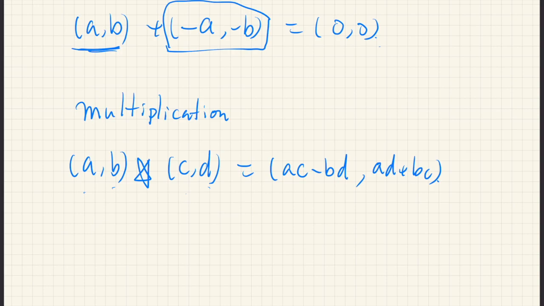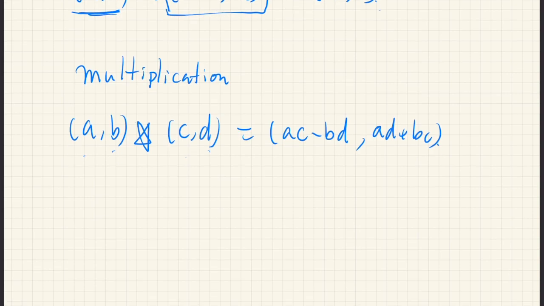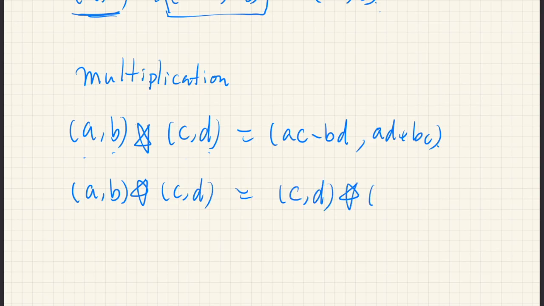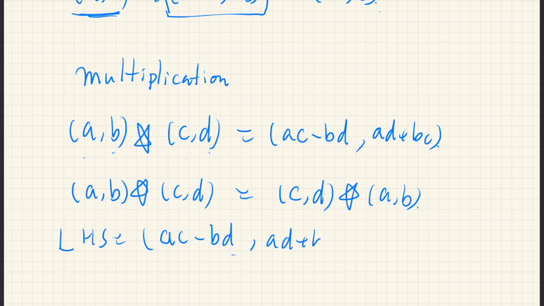Let's see some of the properties of this multiplication. First of all, it is commutative again. So (a, b) star (c, d) is equal to (c, d) star (a, b). To see this, just apply the definition. The left-hand side is, by definition, (ac minus bd, ad plus bc).